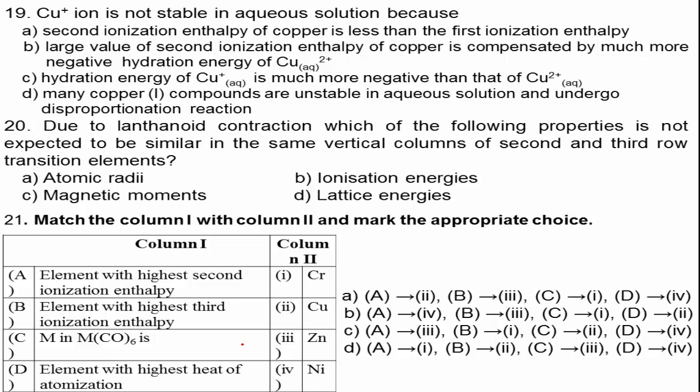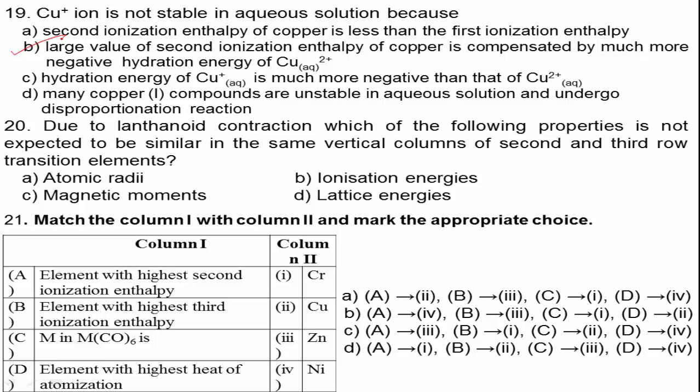Therefore, Cu plus ion in an aqueous solution is unstable. Therefore, the answer for this question is B. Large value of second ionization enthalpy of copper is compensated by much more negative hydration energy of Cu2 plus.